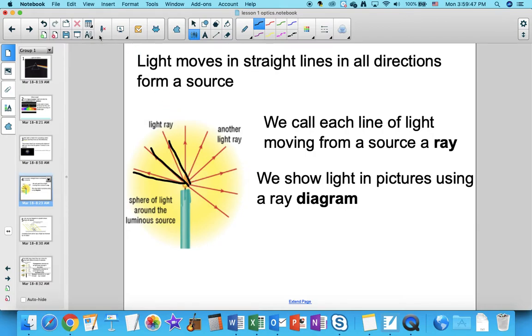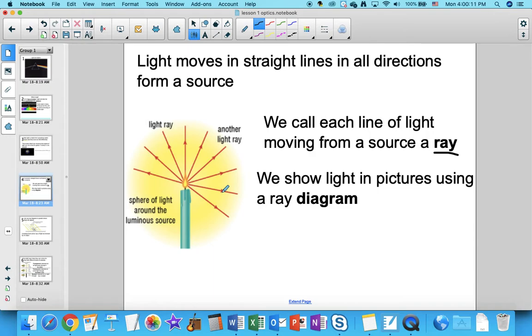Each of these lines is a ray. Obviously light is going in every single direction, but we only have to draw a bunch of lines to show that. You wouldn't have to draw an infinite number of lines to show this accurately, so we just draw like 10 or 12 lines.